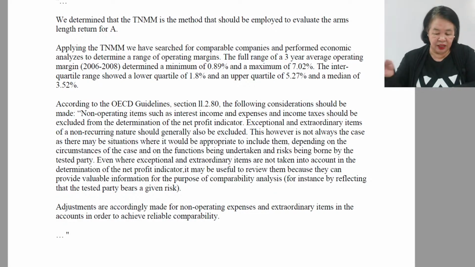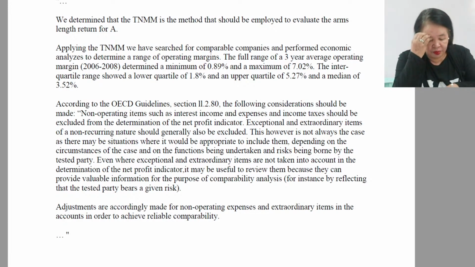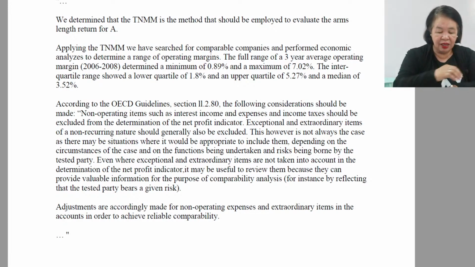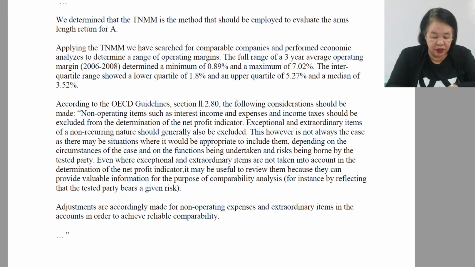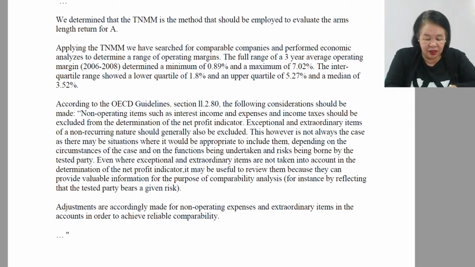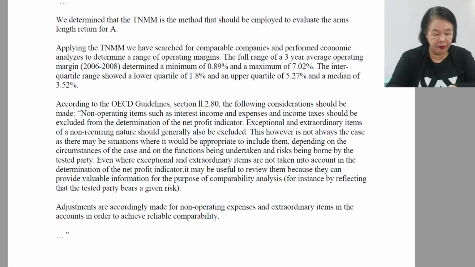So, hindi rin siya kasama. This, however, is not always the case, as there may be situations where it would be appropriate to include them, depending on the circumstances of the case and on the function being undertaken and risk being borne by the tested party, no.